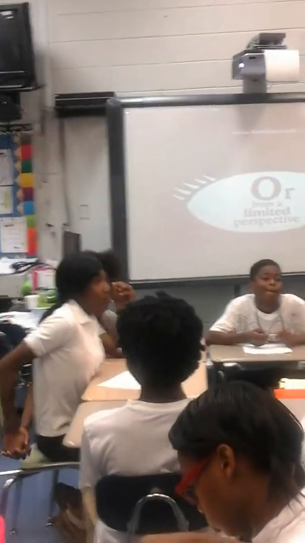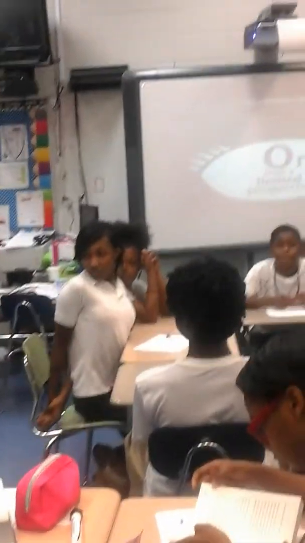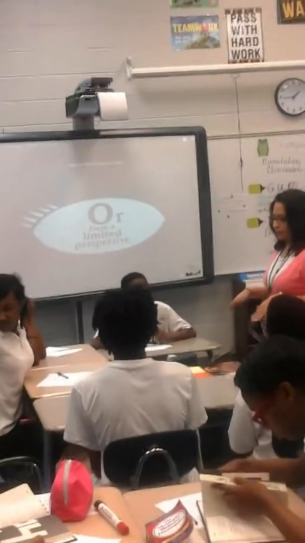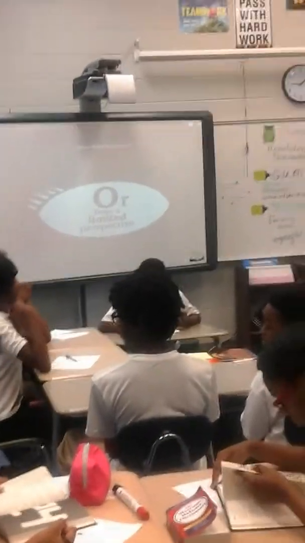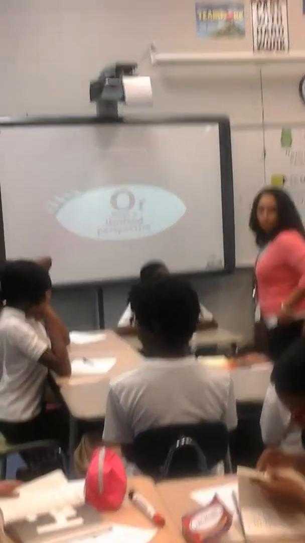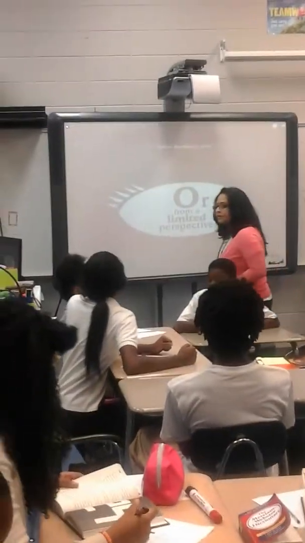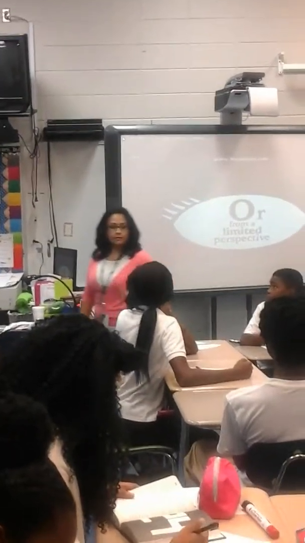And objective is no thoughts are revealed. So what is the example of that? Quick guess. Right. So you don't know what the character is thinking. Right. And the limited is what? One person. Right. So it's only the point of view of that one person. Right. Okay.